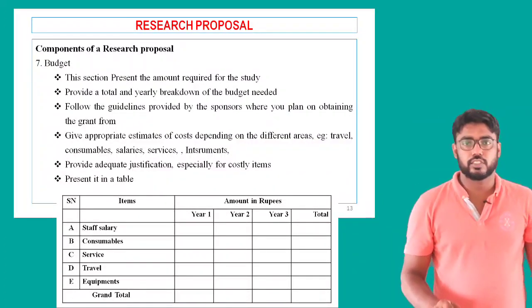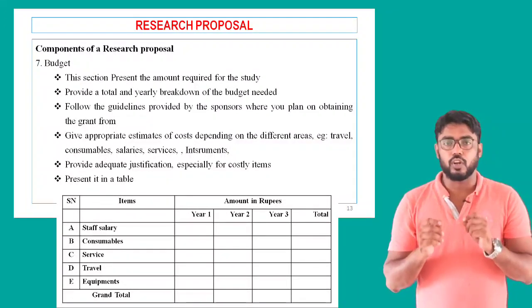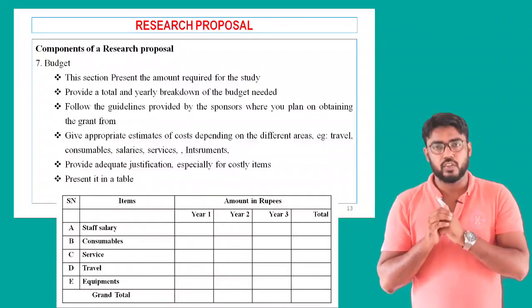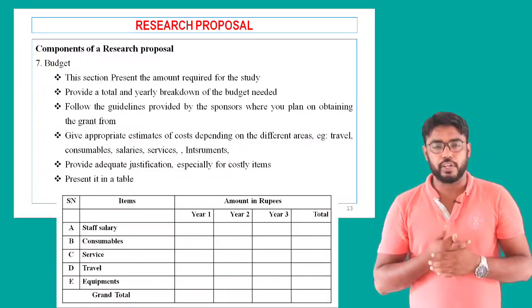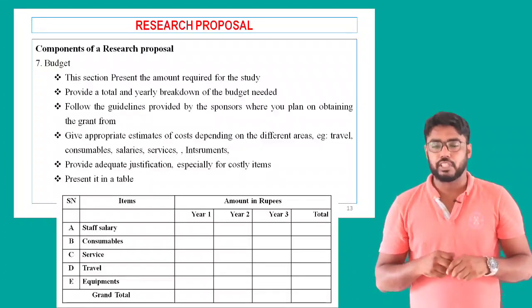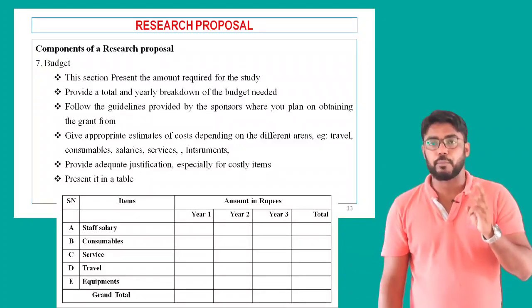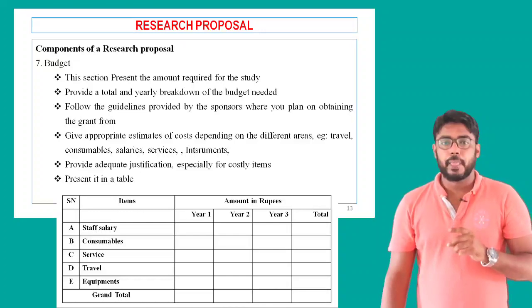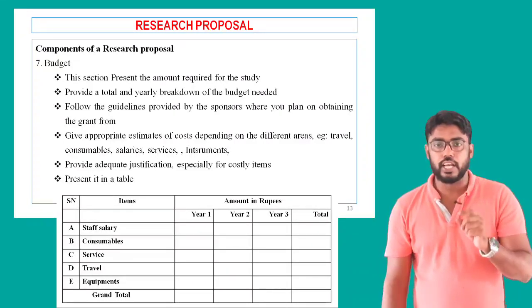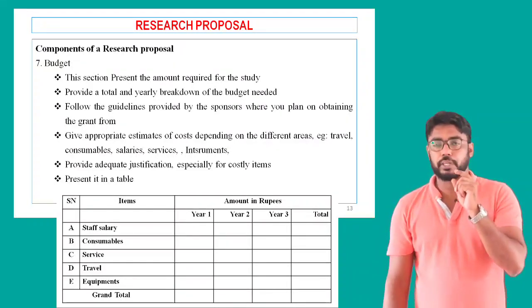The budget section is essential only if you are applying for funding. This section presents the amount required for the study and provides the total and yearly breakdown of the budget needed.